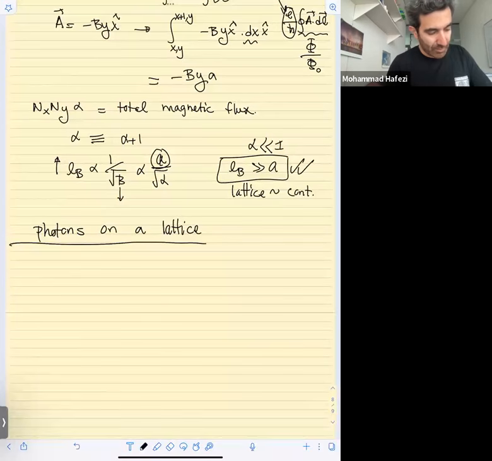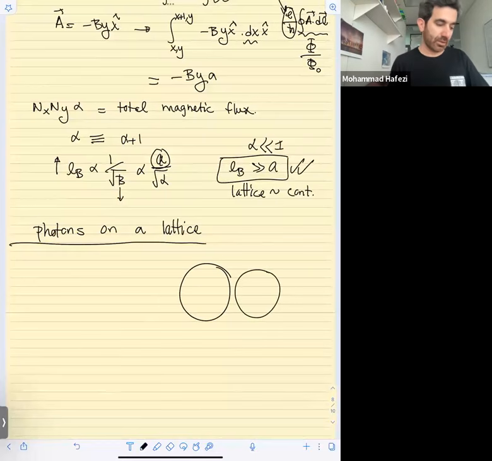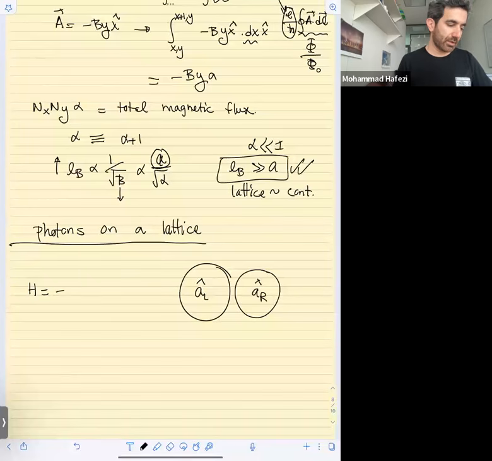So if I have two resonators that are coupled to each other, the left resonator and the right resonator, then in the second quantized form, it can be described by AL minus AR.